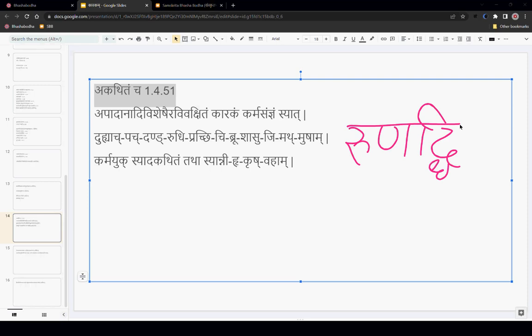What is the gana for this dhatu? Rudha dhatu. What is the dhatu gana? Rudhadigana. Rudhadi, the saptama gana, is seventh in number.